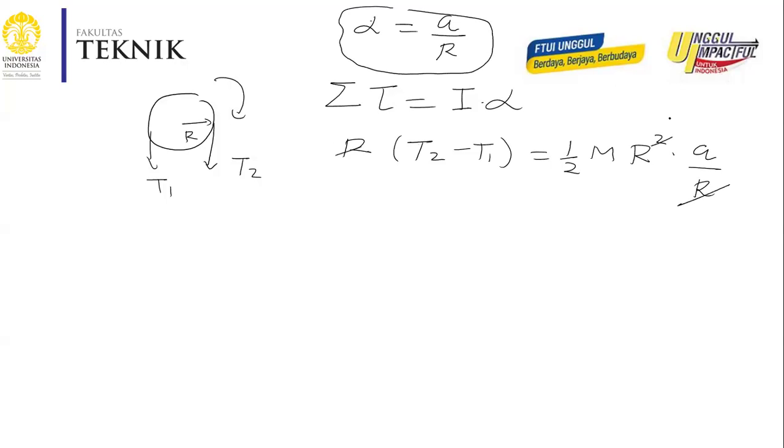So we do not need to use the radius here. The equation becomes T2 minus T1 is equal to half mass times A.